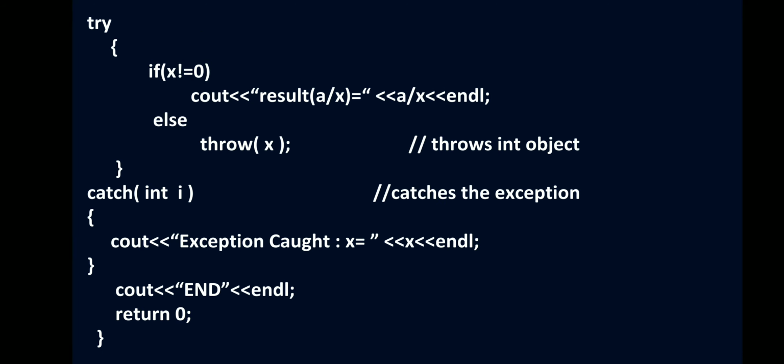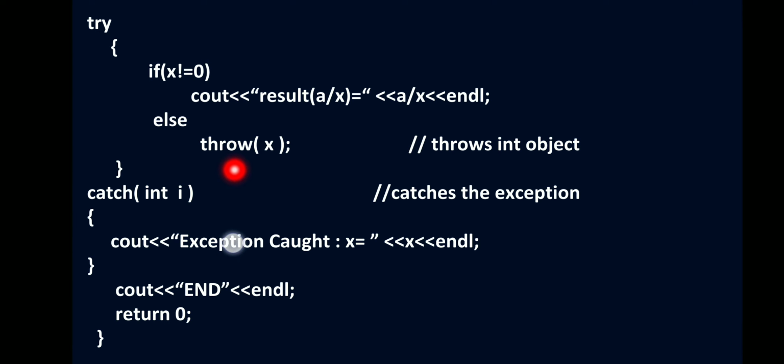Now in the try block, my condition is if X value not equal to 0. But here the X value is 0, so the condition is false. If the condition is false, then I am moving to the else part. In the else part, what I am doing? Throw of X. X value is 0.